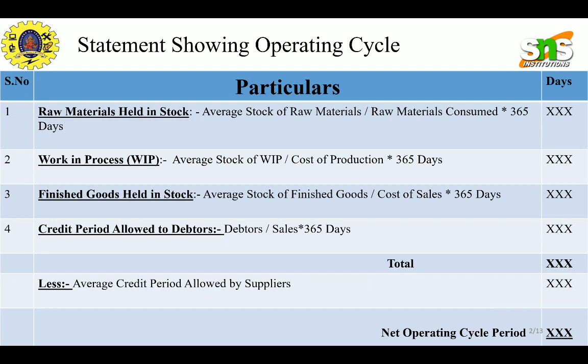The formula is: raw material held in stock is equal to average stock of raw material divided by raw material consumed into 365 days.